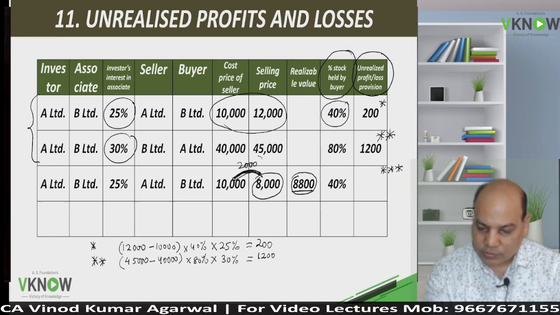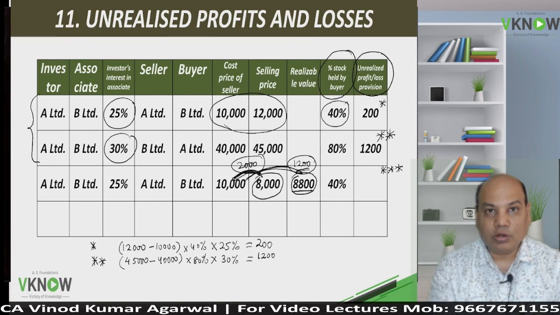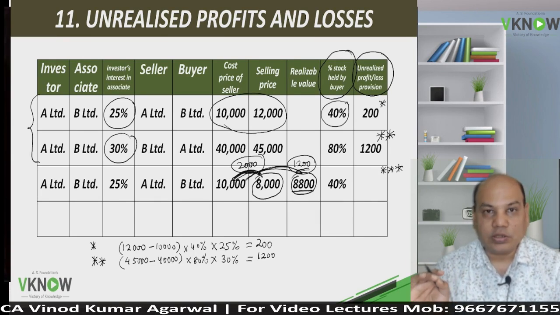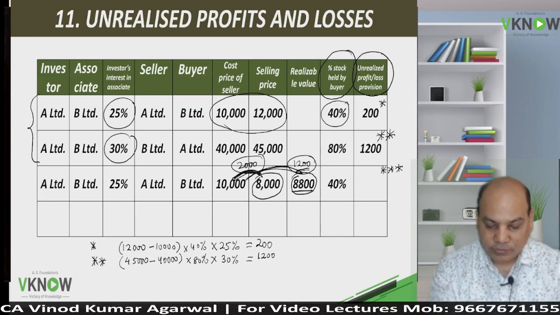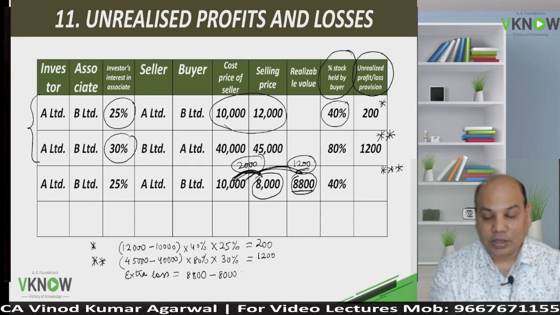Total loss is 2,000. And if I compare these two numbers, the loss should have been 1,200 only. Genuine loss is 1,200. How much is the bogus loss, the extra loss they have tried to create? It is 8,800 minus 8,000, that is 800, the artificially created loss. 1,200 is genuine.